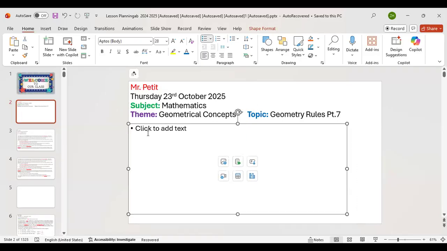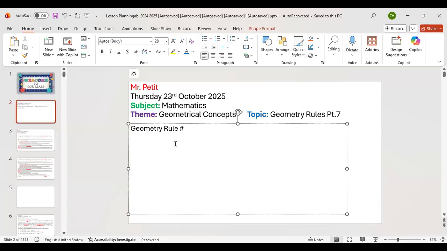All right, so we're going to go on and explain this one. So this is geometry rule, what number? Because the last one we did was, I think, 8. I don't know, I can't remember, but y'all let me know.